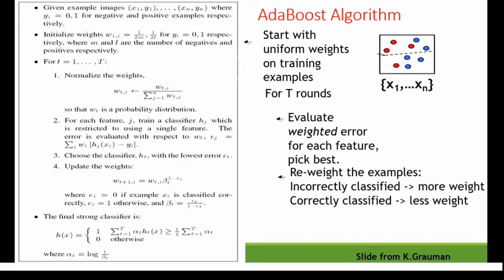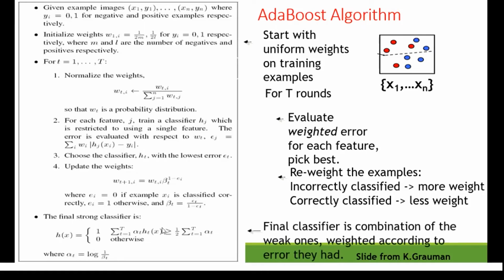Then we'll update the weights. The weights would be more for the ones where there's an error, and this would go on until we have a strong classifier. So the final classifier would be the combination of weak ones, and they'll be weighted according to the error that they had.